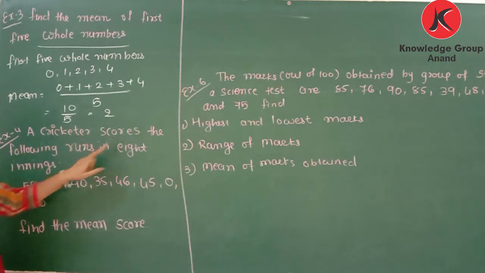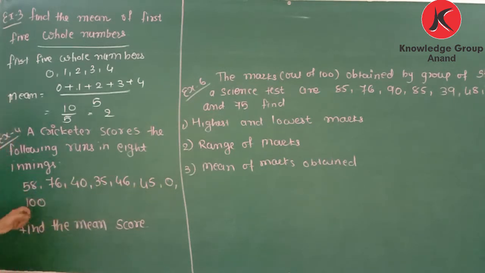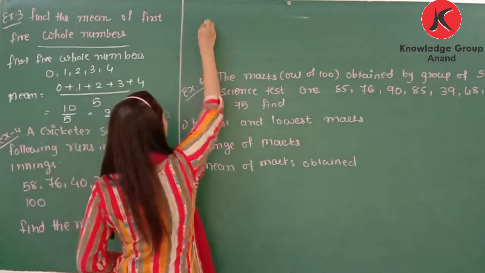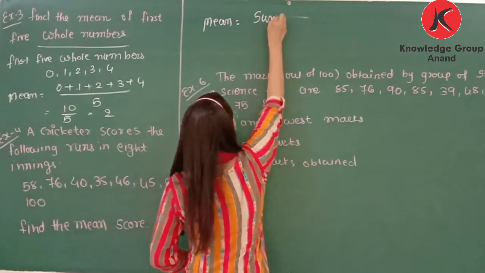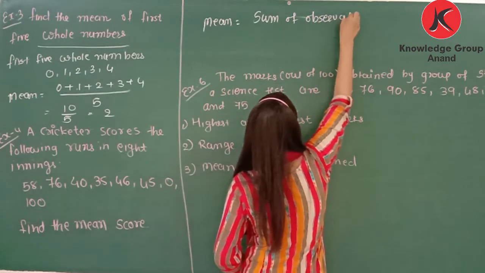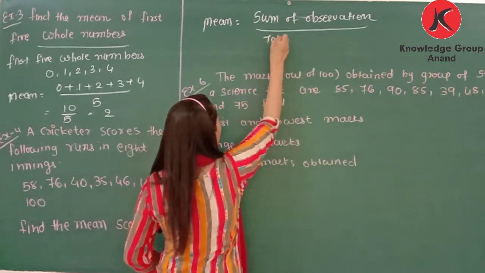A cricketer scores the following runs in 8 innings: 58, 76, 40, 35, 46, 45, 0 and 1. Find the mean score. As we learned, mean is equal to the sum of observations divided by the total number of observations.